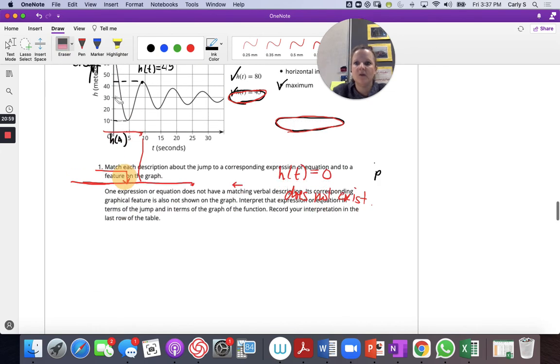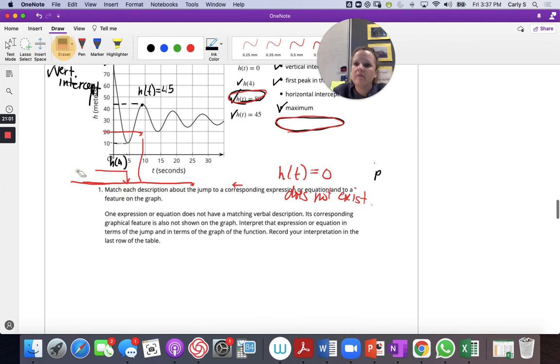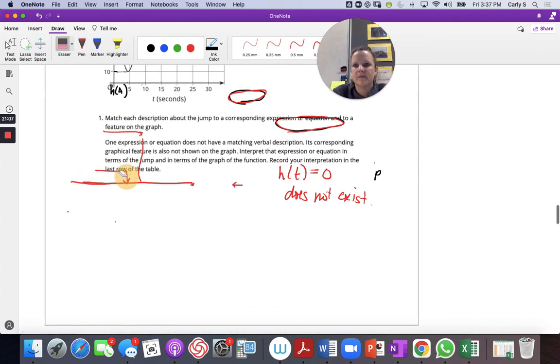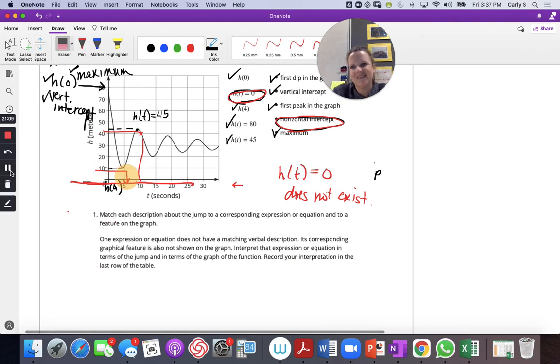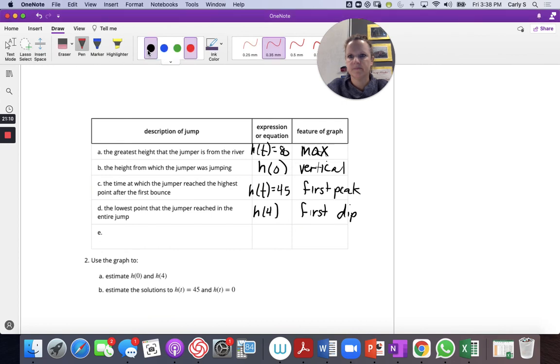So here for part E, it would be time. We talked about the horizontal axis, the horizontal intercept. What would that mean?